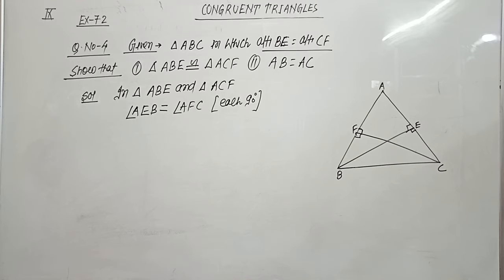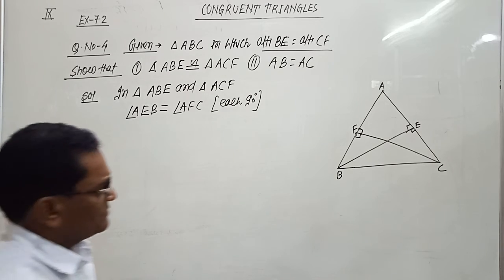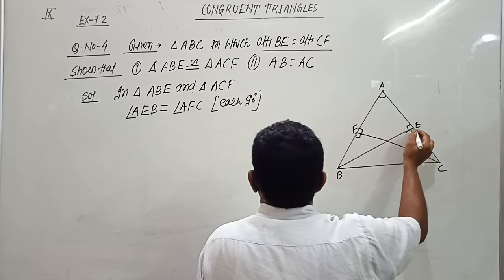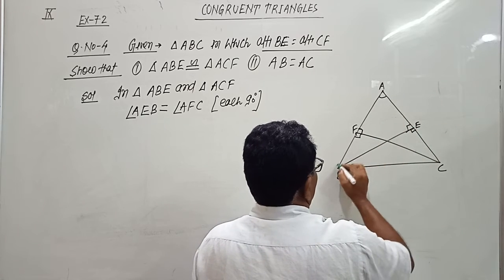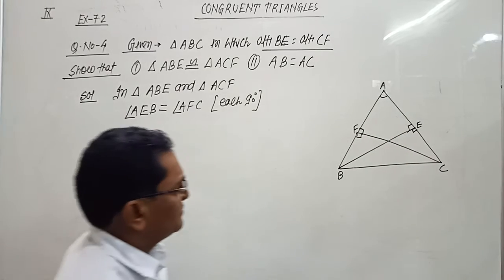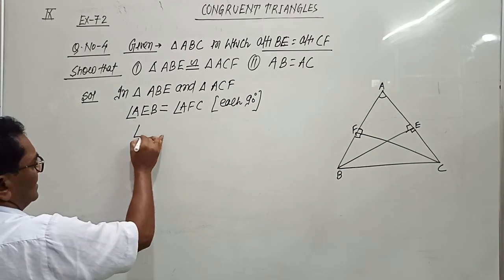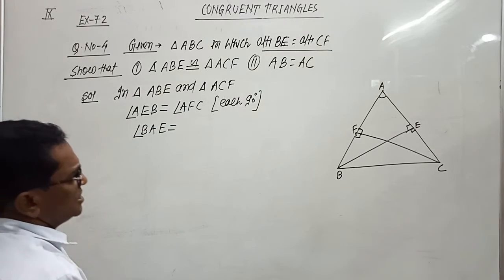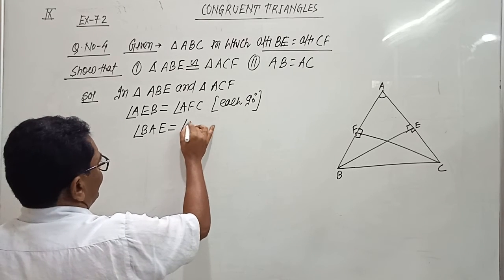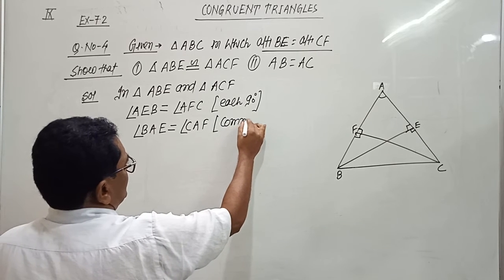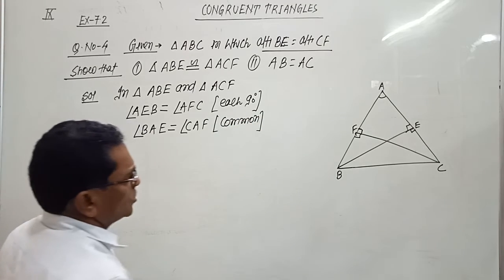And angle BAE equals angle CAF, the common angle for both triangles.